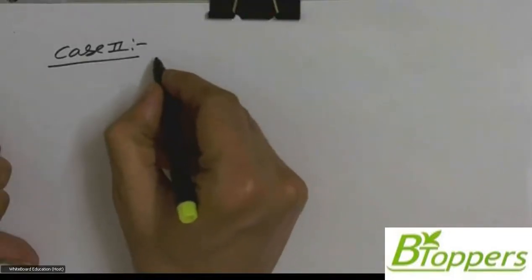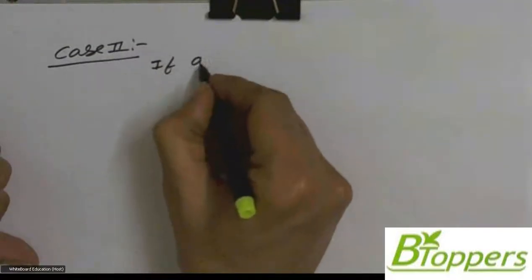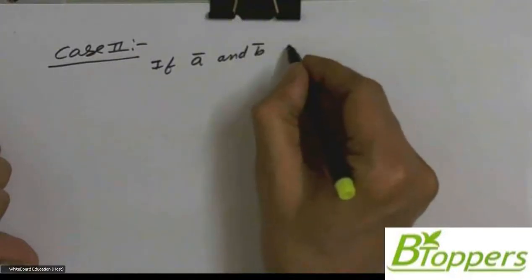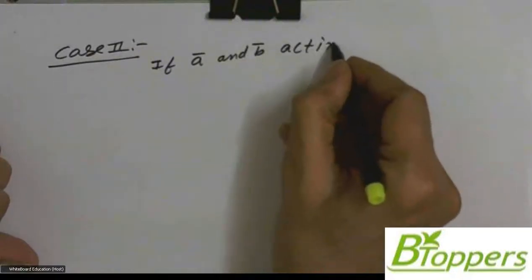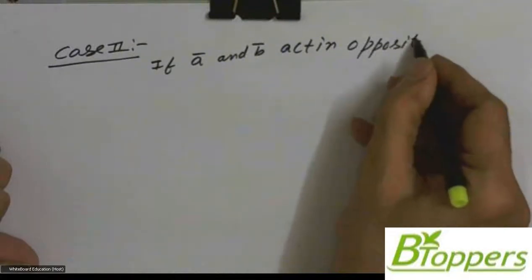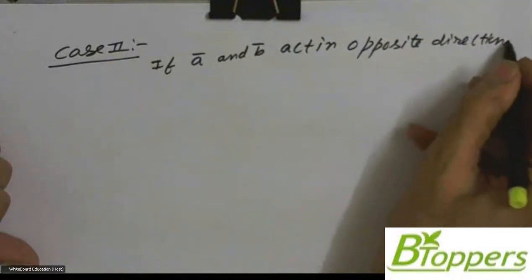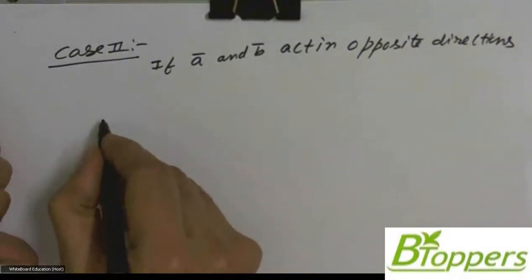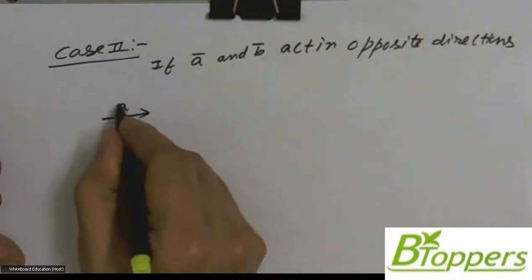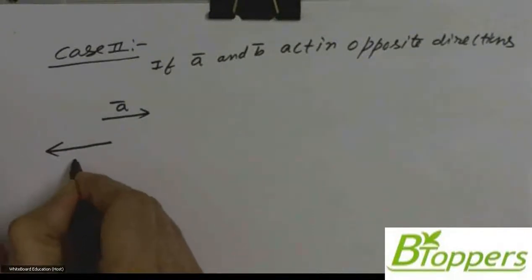So, coming to the second case, suppose the vector A bar and vector B bar act in opposite directions.